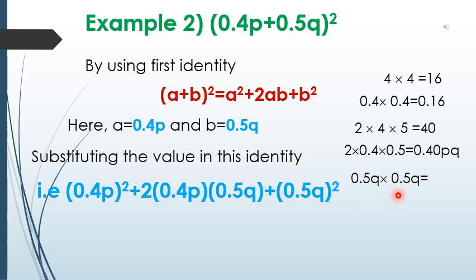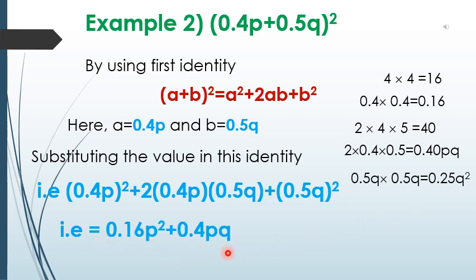That is 0.25q square. Just remember the logic used above. Putting it all together, we get 0.16p square plus 0.4pq plus 0.25q square. This is the final answer.